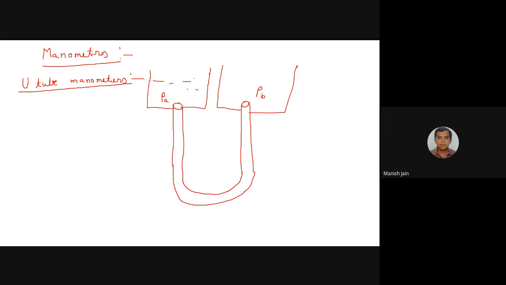Whatever fluid is filled in these two vessels, the manometer fluid should not be miscible in these fluids, and the density of the manometer fluid should be higher than the density of the fluids above it in the system. Here you have the pressure PA, here you have the pressure PB. Now suppose PA is greater than PB.